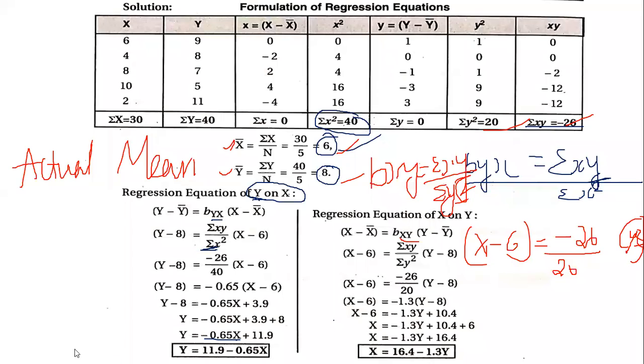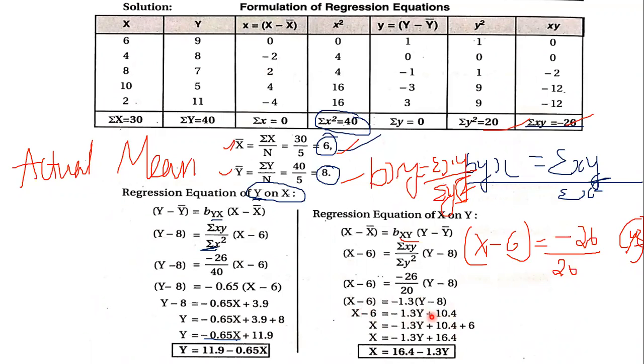Now in the next step from here, listen carefully. Minus 26 by 20 is minus 1.3. Then in the next step, you have to multiply minus 1.3 with y minus 8. So minus 1.3y plus minus 1.3 into minus 8 is plus 10.4. Now this side I have minus 6. So I get it to the other side.